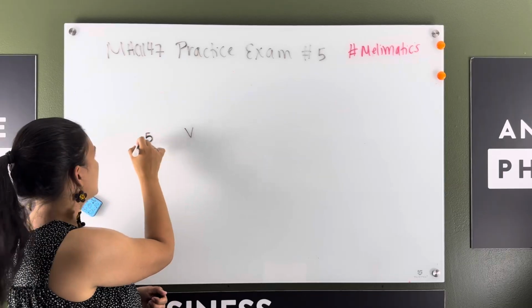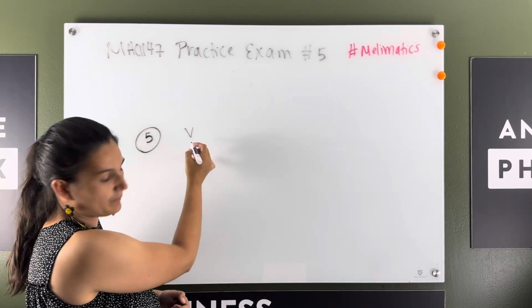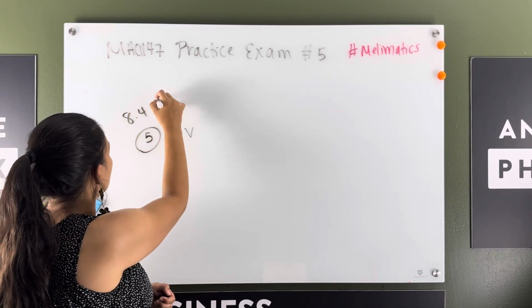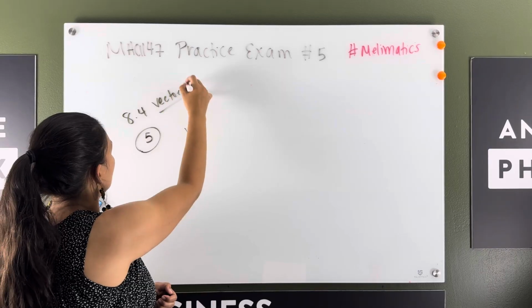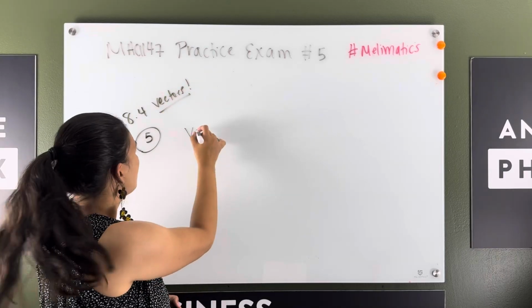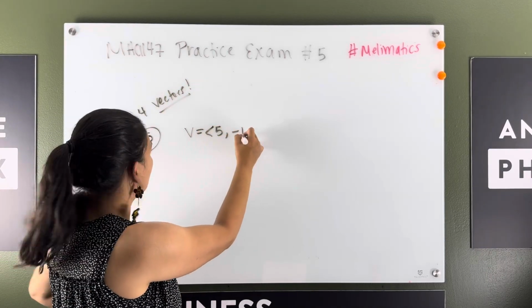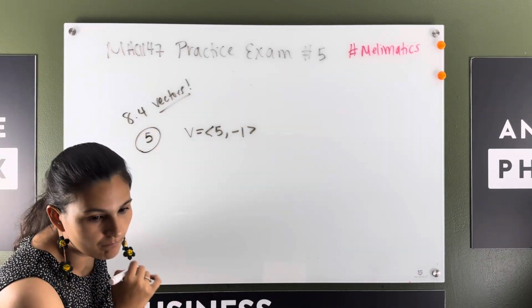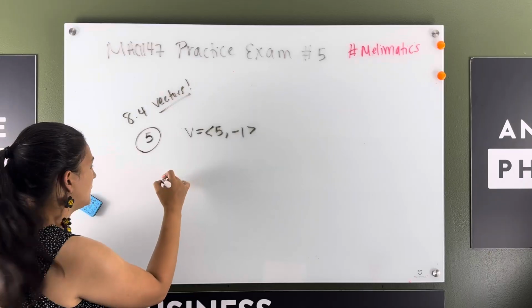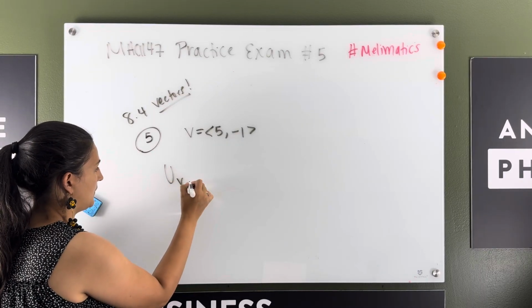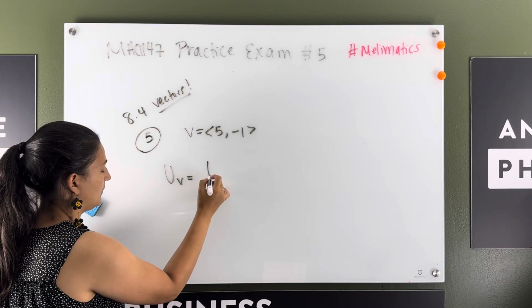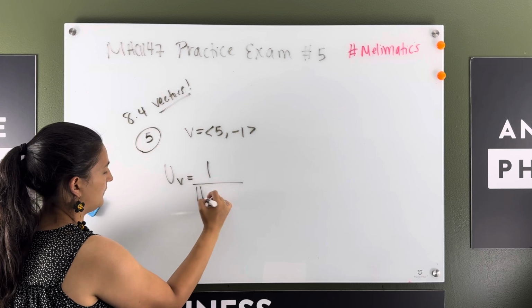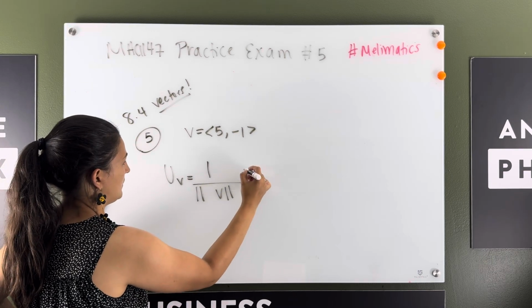This is skill practice number 5 in 8.4, which is vectors. We're starting off with 5, -1, and we're trying to find the unit vector. So the unit vector is 1 over the magnitude of v times v.